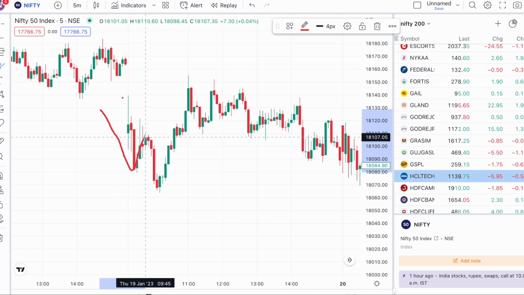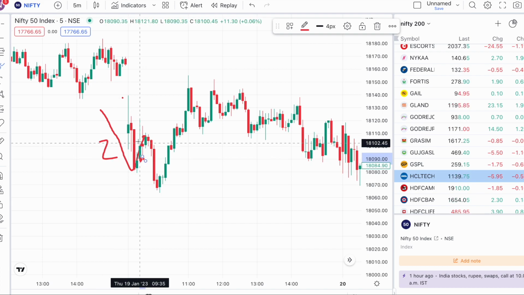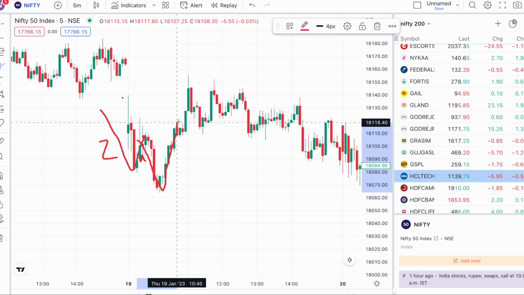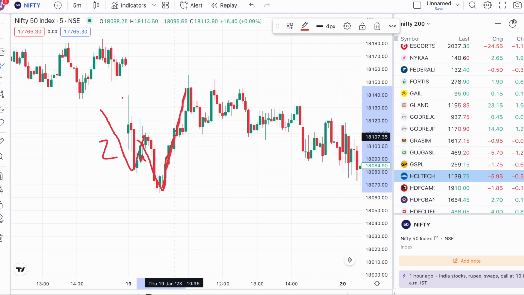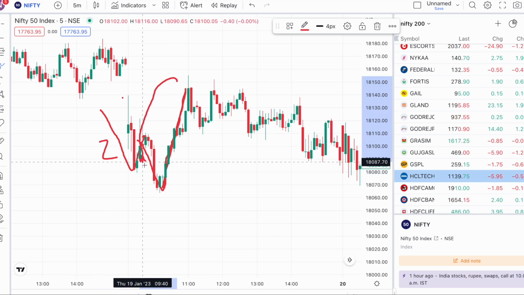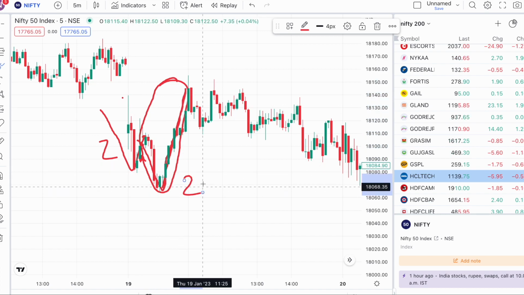There was a reactive move, but it was only till 50%, so it's fine. So this is an impulsive move, this is a reactive move. Again, there was an impulsive move, but now if you can see, there was a huge impulsive move from the buyers as well. So this particular part over here has two impulsive moves now.